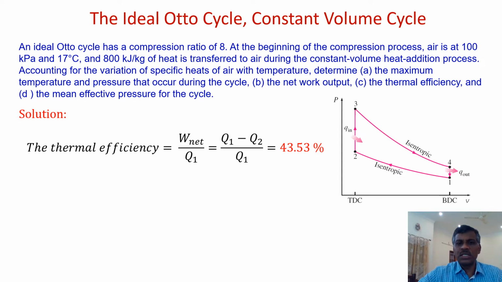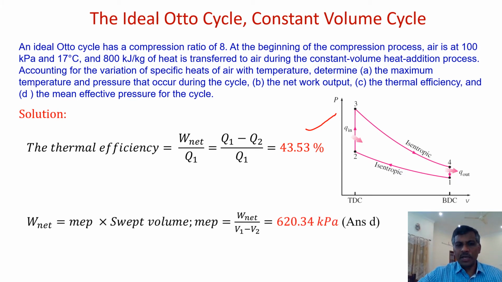Then the thermal efficiency is always output by input. If it is an engine, output is work net, mechanical work, shaft work is the output, and Q1 is heat input. So that gives us work net equal to Q1 minus Q2 by heat input. So you'll get the efficiency as this much.